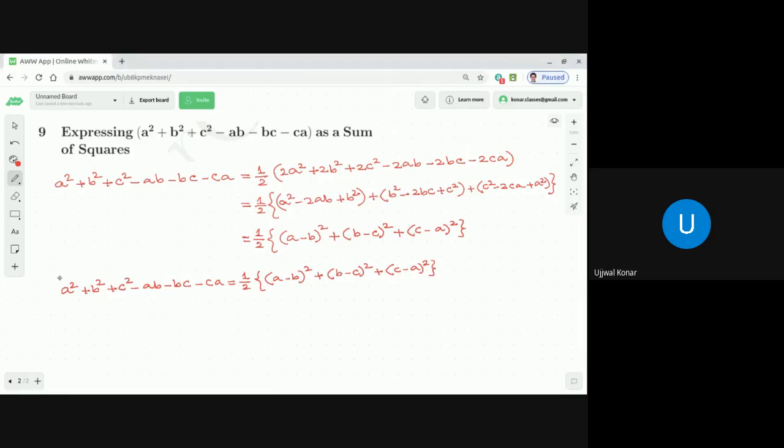So this is an important formula when you need to express the term on the left hand side as a sum of squares, as shown on the right hand side.